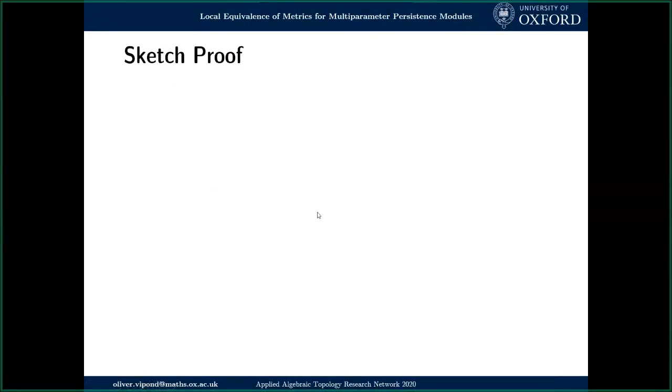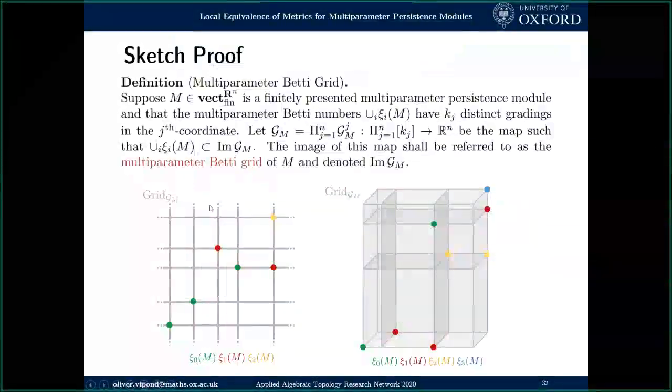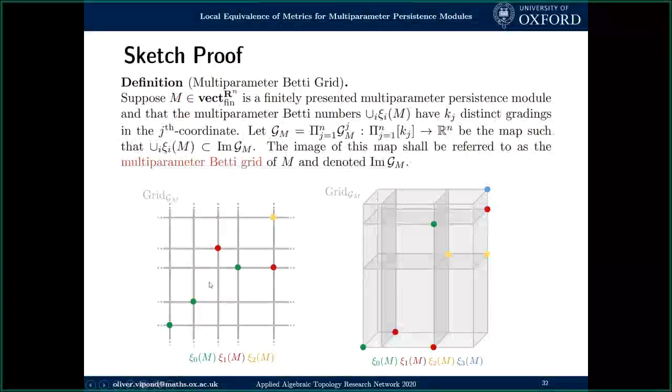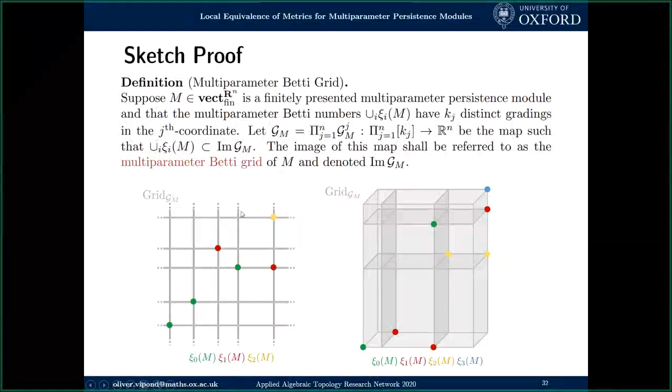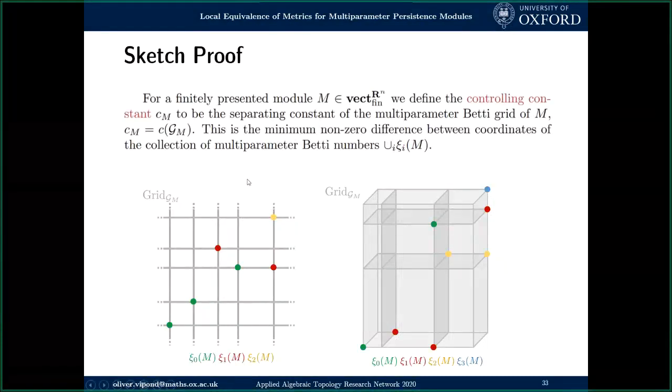If I'm given a finitely presented multi-parameter persistence module, then because it's finitely presented, I know that I can place a finite lattice in R to the n such that I hit all of my multi-parameter Betti numbers. And then if I look at the controlling constant of this grid, this will give rise to a controlling constant of a module, which is well defined because these multi-parameter Betti numbers are well defined.